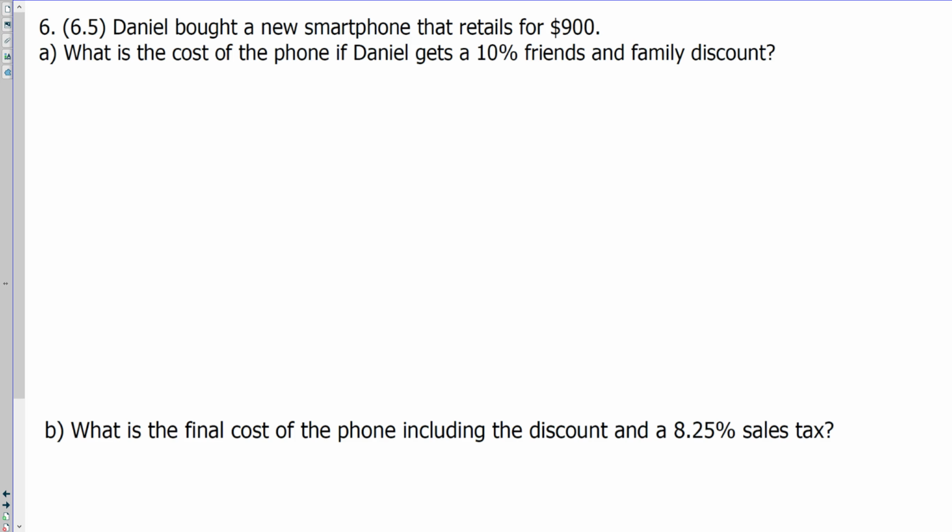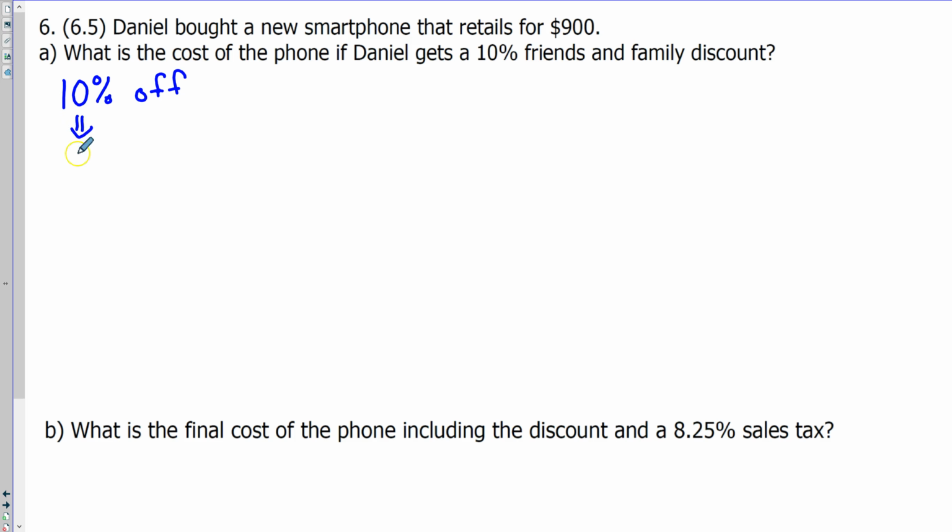So we're first going to look at the 10% discount. And this one we can potentially get our answer 2 different ways. One way is to figure out how much needs to be deducted because of this 10% savings. So what I could do is find 10% of the 900. Now 10%, that is not the way it's normally written.